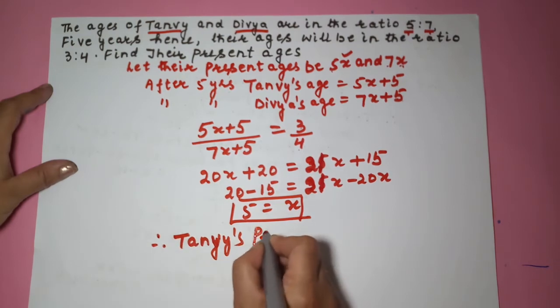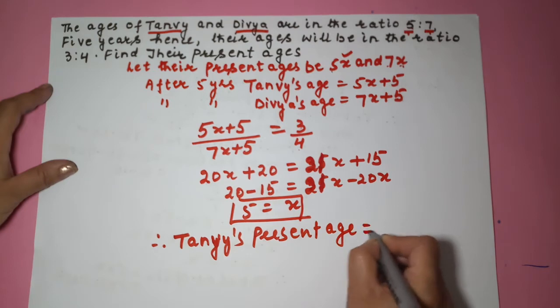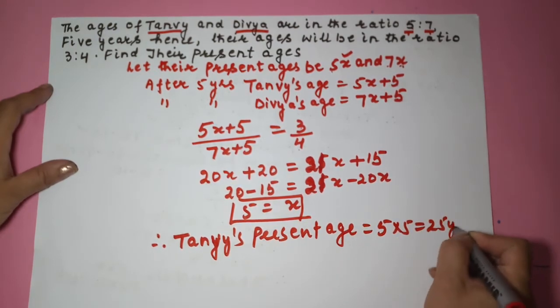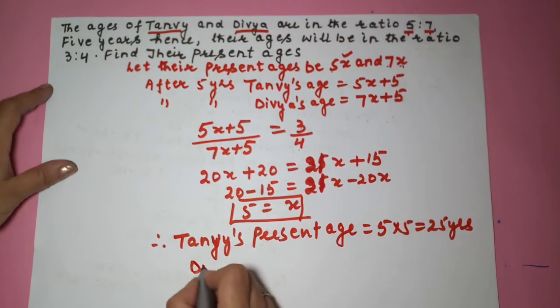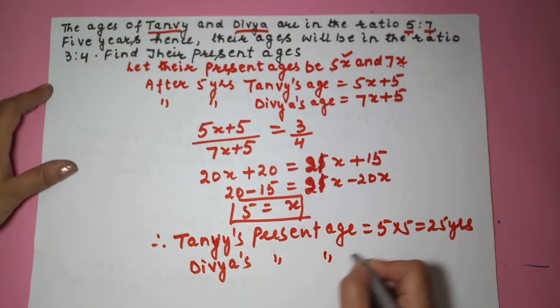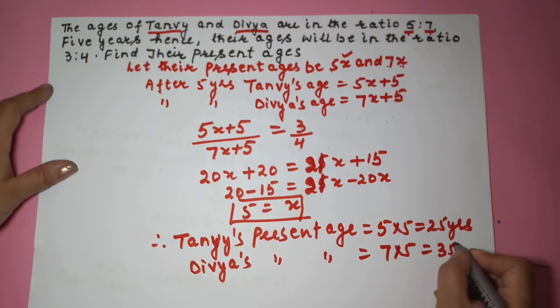Therefore, Tanvi's present age is 5 into 5, which is 25 years. And Divya's present age will be 7 into 5, which is 35 years. Right?